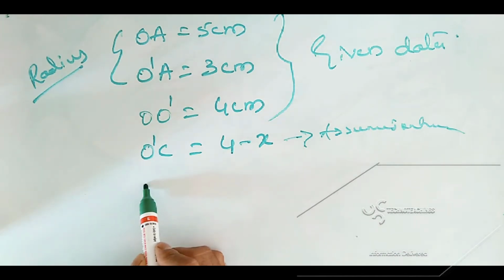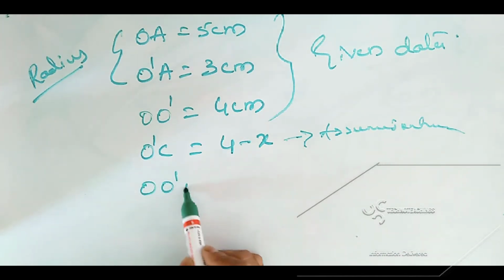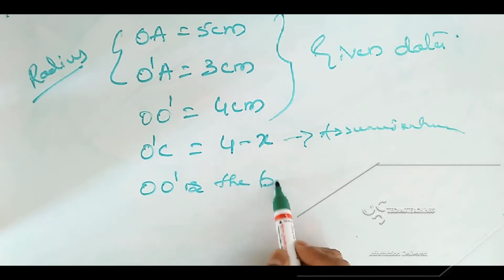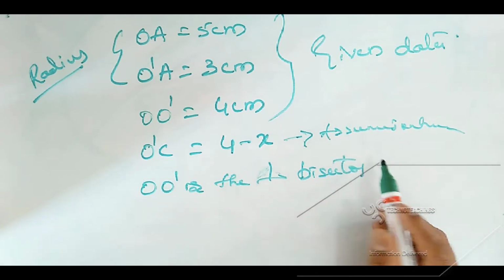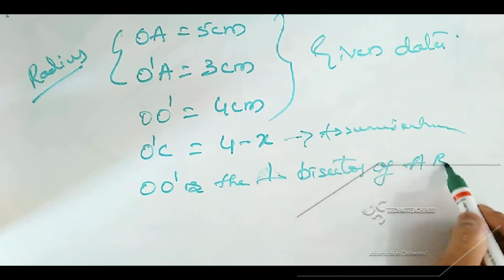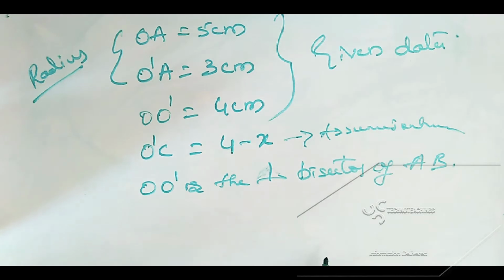And O to O dash is the perpendicular bisector of AB, as we already know. Therefore, in order to solve this problem, AC must be equal to CB. I'll prove this, the given expression AC must be equal to CB.